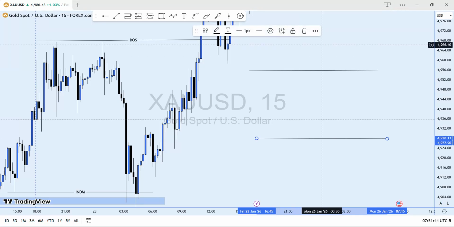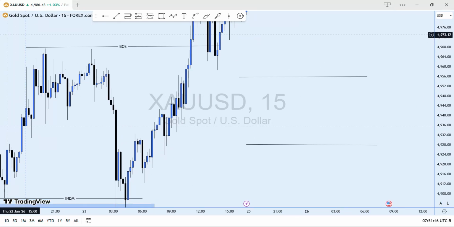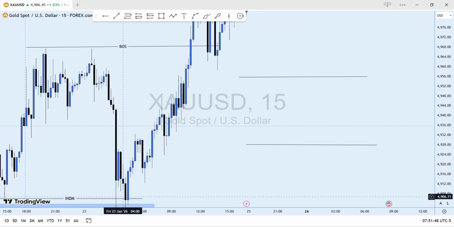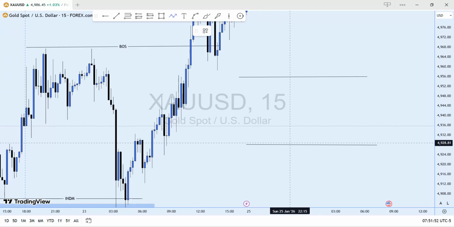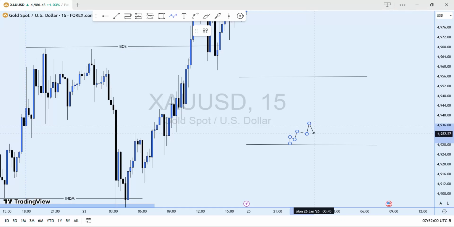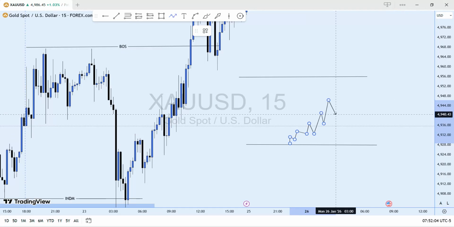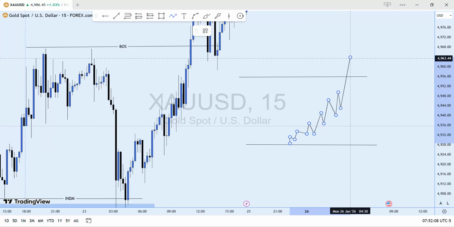So these are just this high and this low. So you see, before the market came up, it produced a series of candles like this, and then it broke past this place.